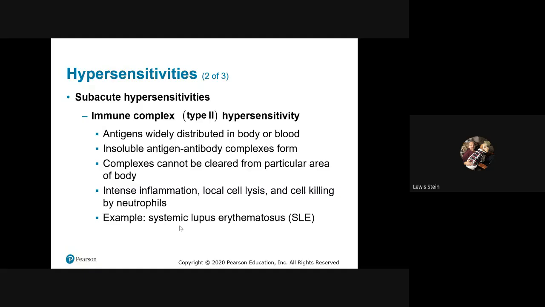And eventually the kidneys just can't function anymore. And at that point, the only alternative is dialysis and or kidney transplantation. So that's one example, but with lupus, every organ is at risk. That's why we call it systemic. It's so widespread.